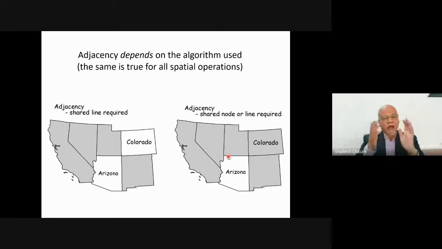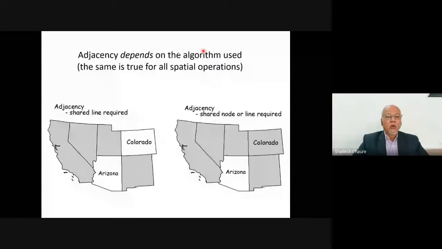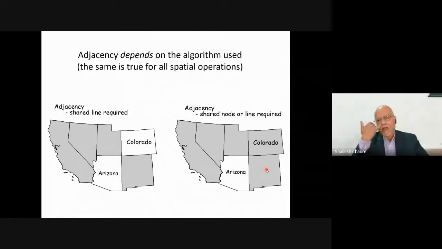So in spatial analysis, a lot of computational geometry is involved. So what kind of algorithms have been used will affect the result. So suppose one tool of QGIS will give you this kind of result, another tool will give you this kind of result, then you should not be frustrated, and you should not think that oh this is free stuff and the two different tools are giving two different results.